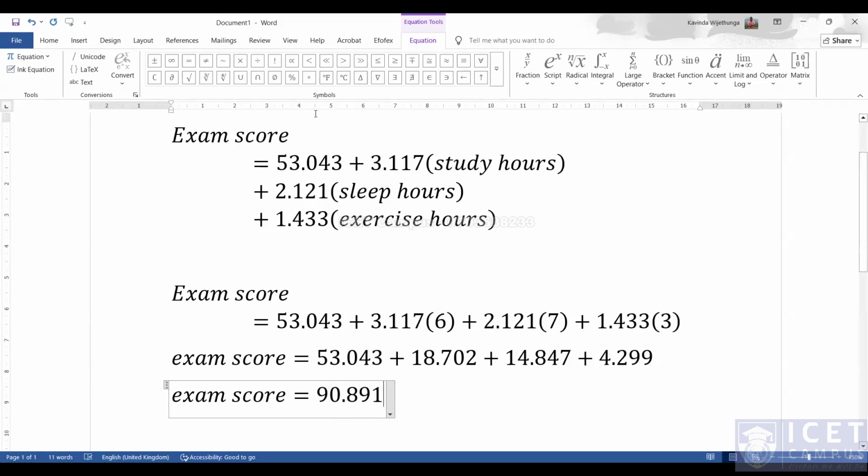This is approximately equal to 91. So the exam score is 91.